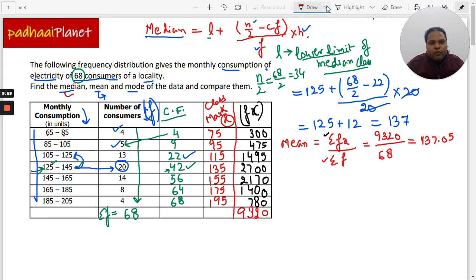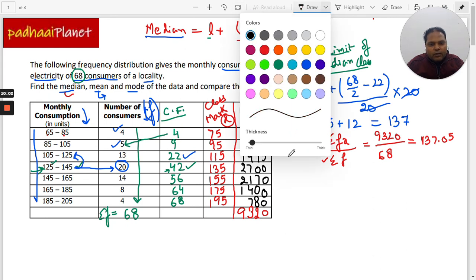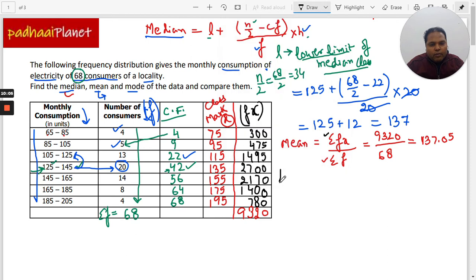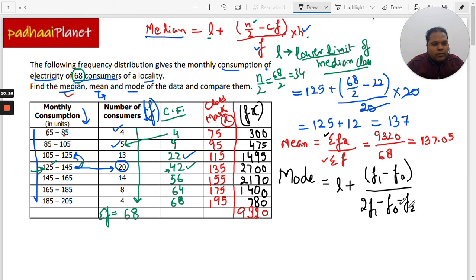And now we will go for the mode of the data. The formula for mode is equal to L plus F1 minus F0 over 2F1 minus F0 minus F2, multiplied by H. Now here L is not the median class, L is going to be the modal class.